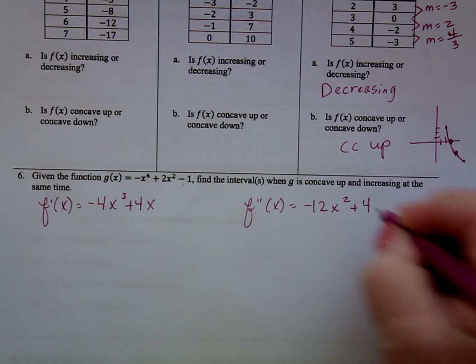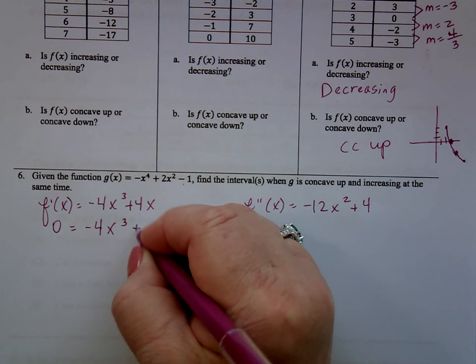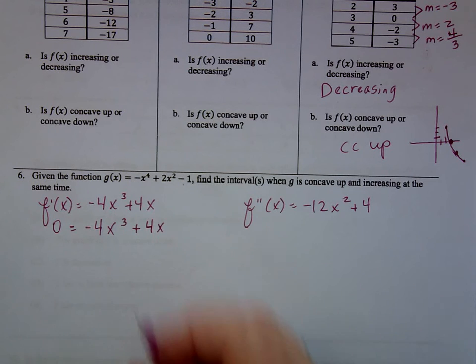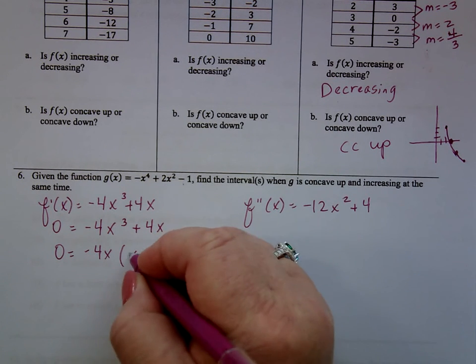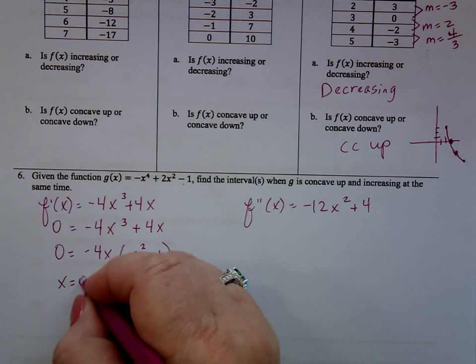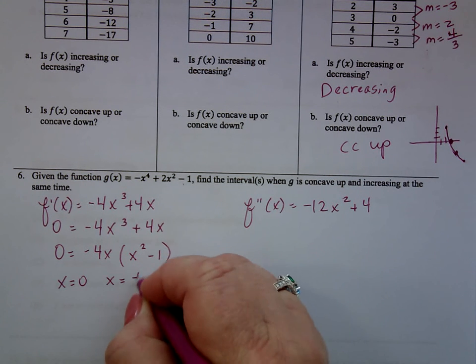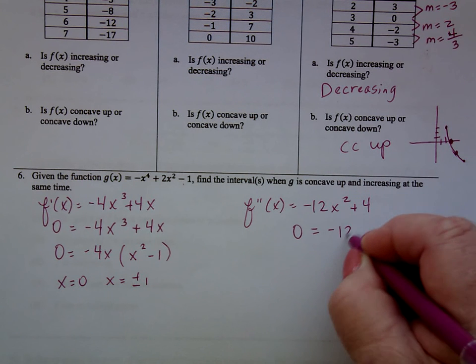Set them equal to 0. That cube scared me in the beginning, but not that bad because I can take out a negative 4x. Leaves me with x squared minus 1. So I get x equals 0, and I get x is plus or minus 1. This guy gives me 0 equals negative 12x squared plus 4.